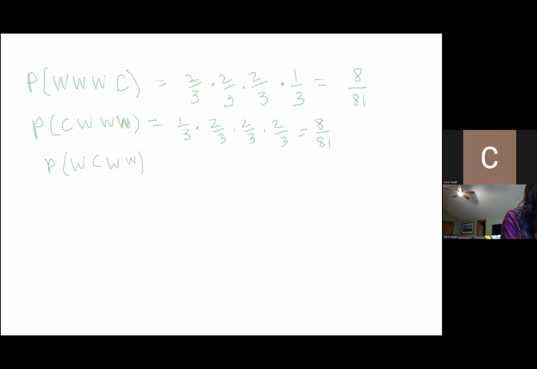You can see this is also going to give the same numbers, just in mixed up order, 8 over 81. And I could get the third one right, 8 over 81. You'll notice there's 4 different ways I could get exactly one right. So this would be 4 times 8 over 81, which is 32 over 81.